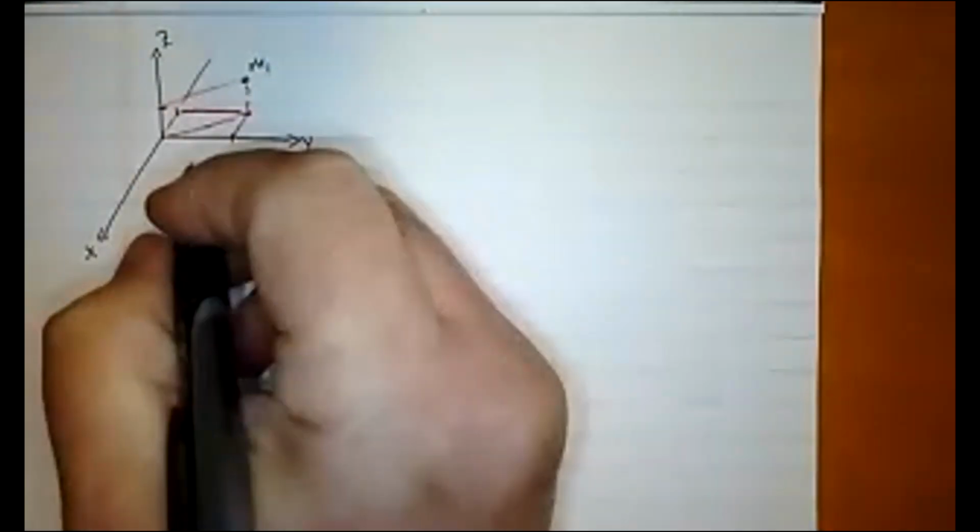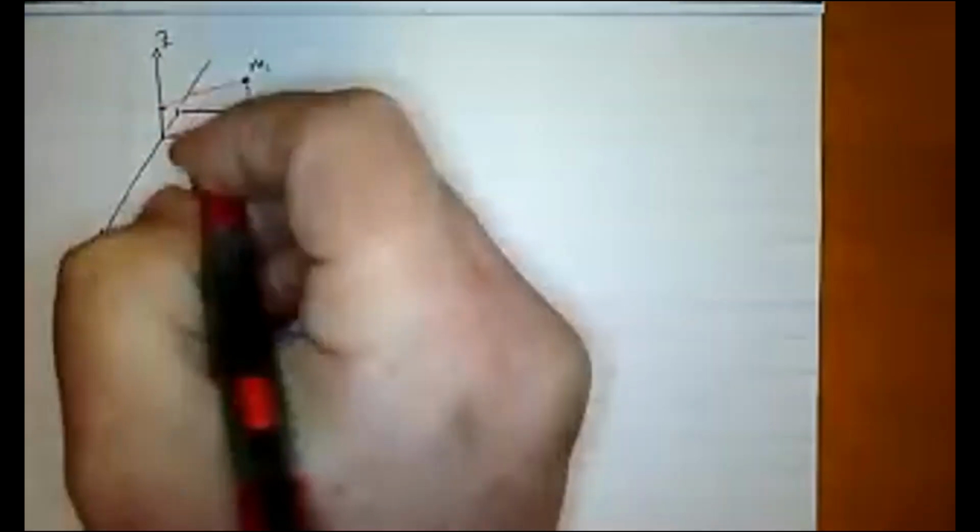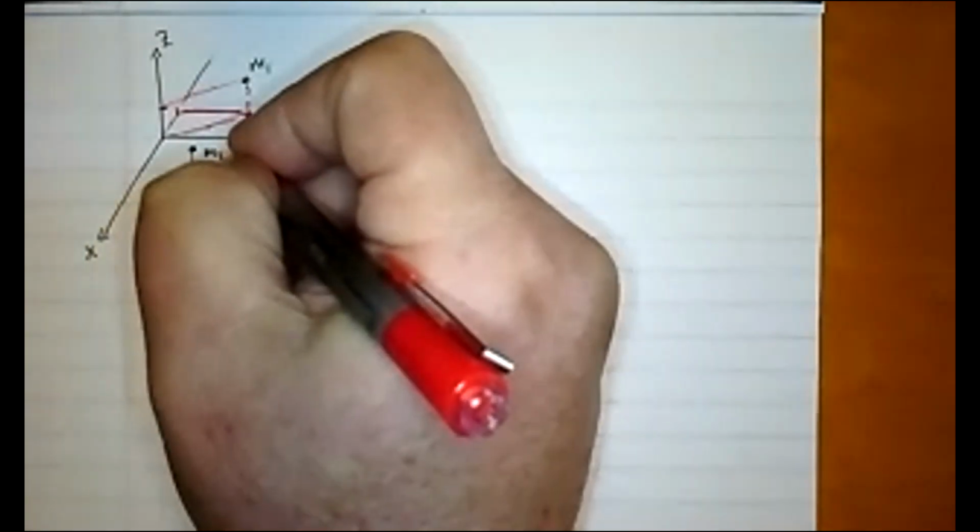Now I'm going to put the other mass, let's say, right here. This is going to be M2. And this one, if I drop a vertical, it's going to hit right here. And then I draw parallel to the x-axis, and that gives me my y. And I draw parallel to the y-axis, and that gives me my x.